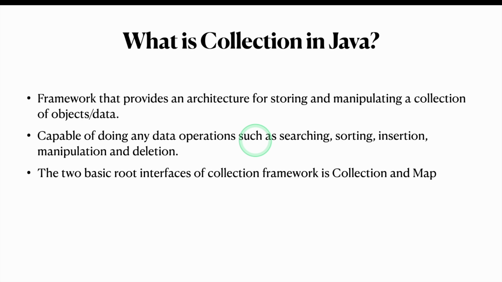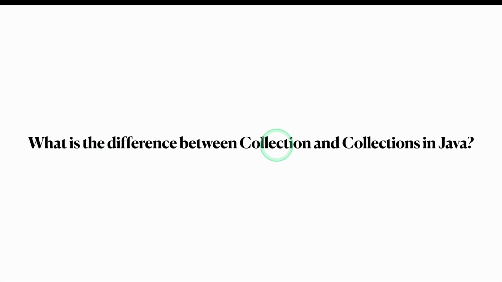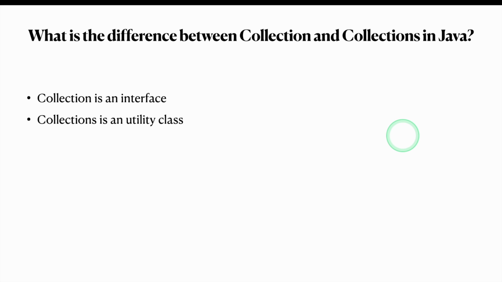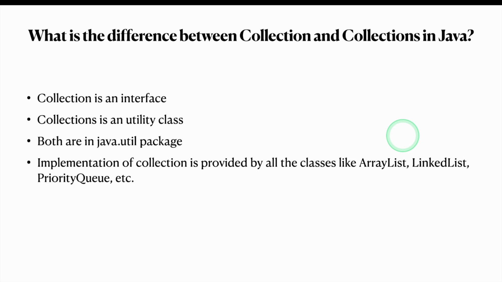Okay. What is the difference between collection and collections in Java? So collection and collections are not similar. Collection is an interface wherein all the other interfaces extend this interface, like list, set, queues and all other data structures that you see. And collections is a utility class which is used to perform operations on the collection.